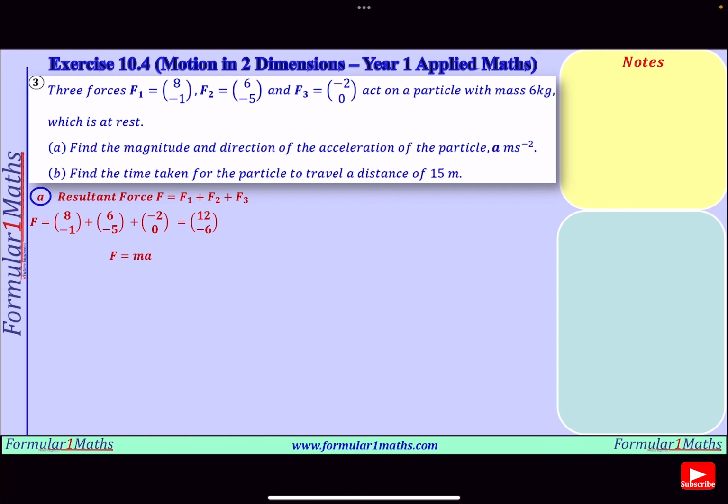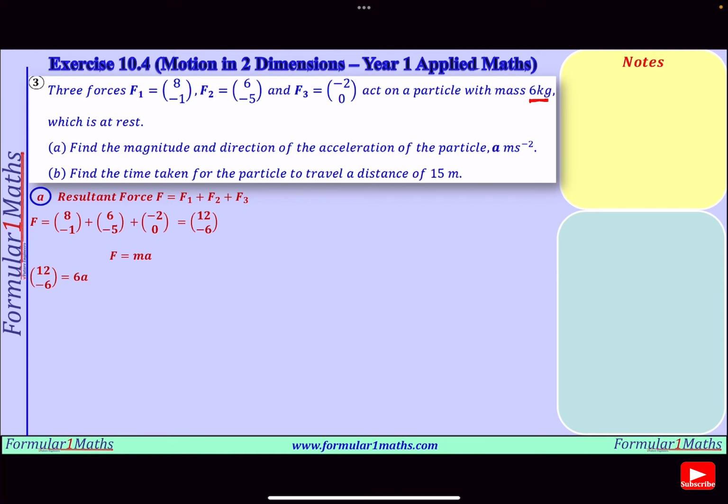We know the resultant force, which is 12i minus 6j, and the mass, which is 6 kilograms. So we can do our simple substitution as follows. 12i minus 6j is equal to 6a.